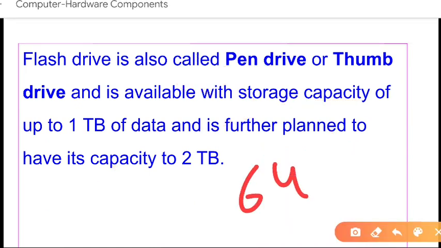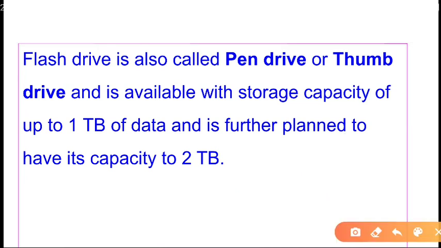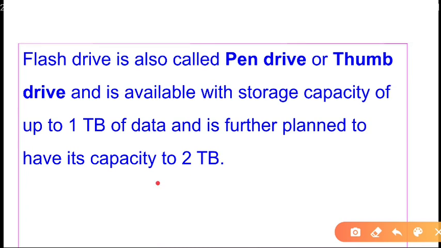Or you can also get 64 GB and so on. But you can also get pen drives up to 1 terabyte. TB means terabyte. And in the future it is planned to have a capacity of 2 terabytes.